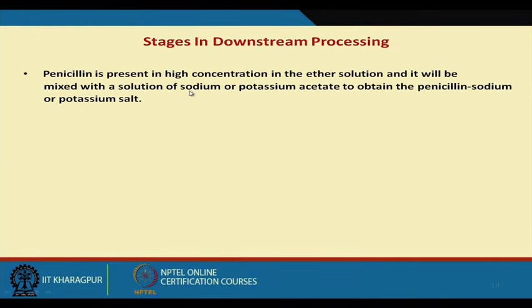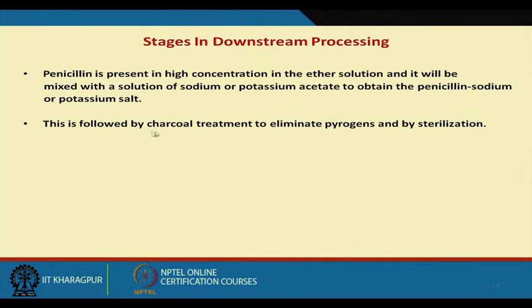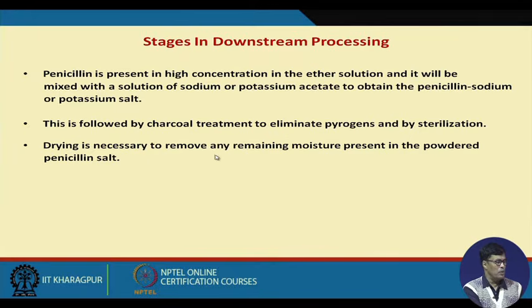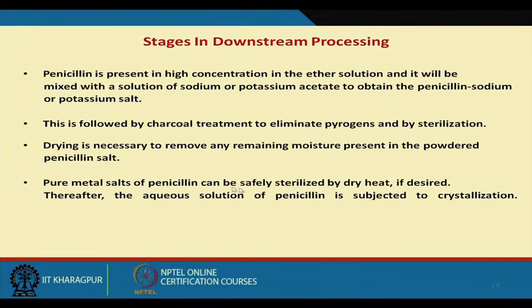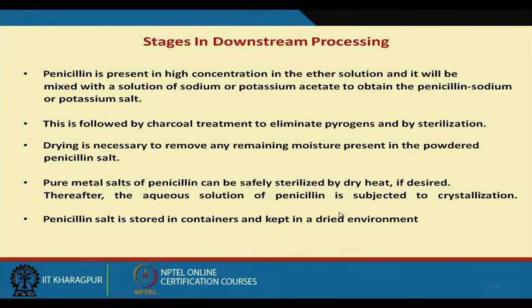This is followed by charcoal treatment, because we have seen that charcoal has some bleaching action. This eliminates the pyrogen, and then sterilization, and the drying is necessary to remove the remaining moisture present in the powdered penicillin salt. The pure metal salt of penicillin can be safely sterilized by dry heat if desired, and the aqueous solution of penicillin is subjected to crystallization.